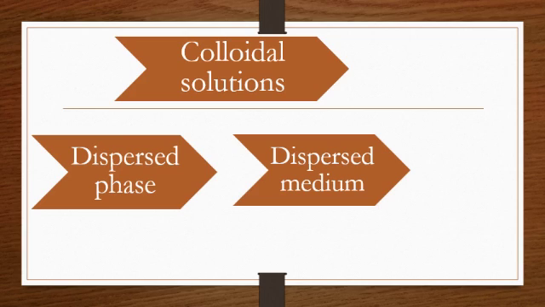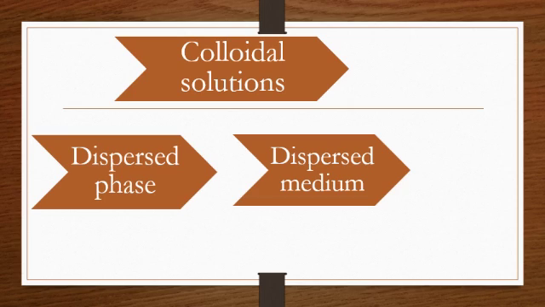Just as in true solutions, the substance dissolved is called solute and the medium in which it is dissolved is called solvent. Similarly, in the colloidal system, the terms solute and solvent are replaced by dispersed phase and dispersion medium.